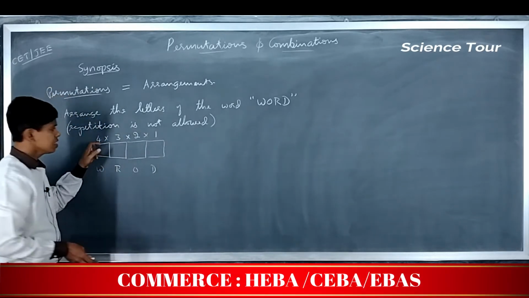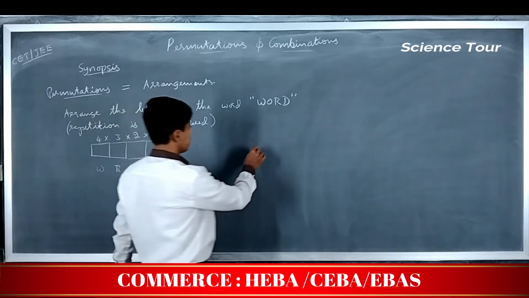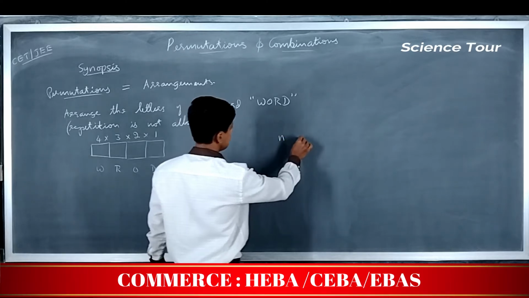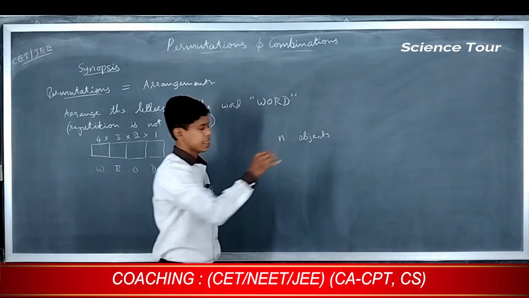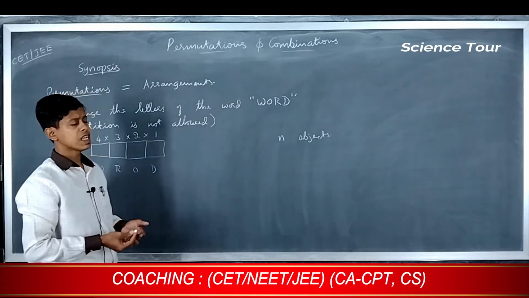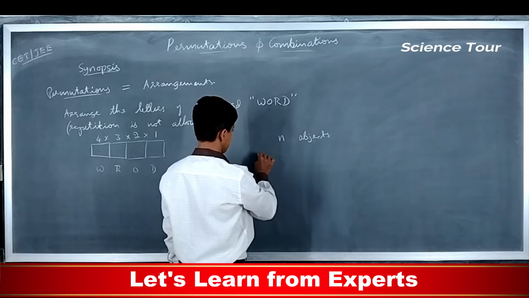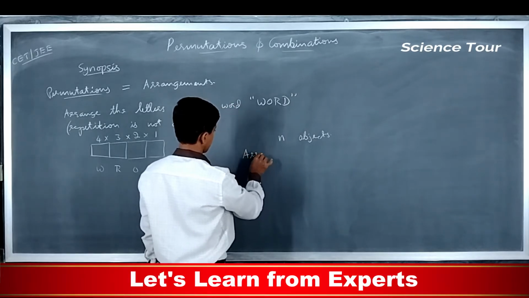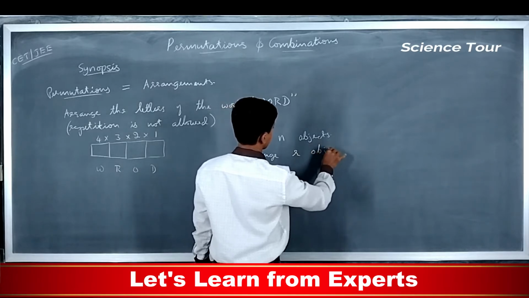Now this is for a 4 letter word. Imagine there are n objects, all right. So there are n objects, and out of those n objects, let us say you have to arrange r objects at a time.